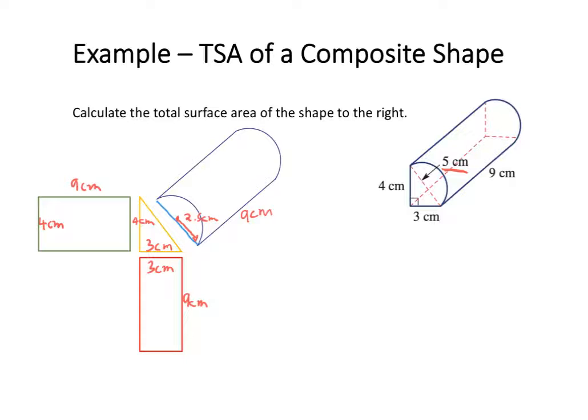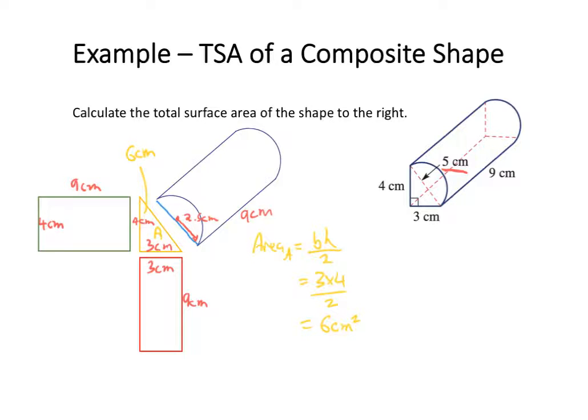Starting off with the triangle, I'll call that A. Area of A is going to equal base times height divided by 2. Substituting in my values, it is 3 times 4 divided by 2, which equals 6 centimeters squared. So I'll add that in to my diagram.